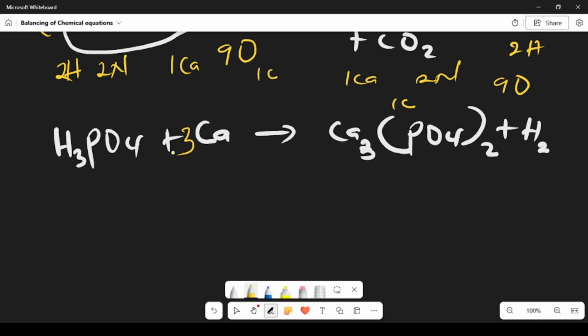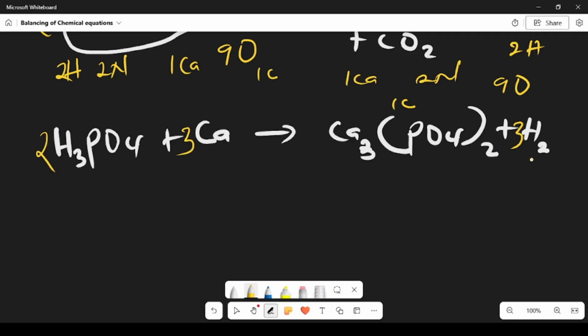I will add 3 here to make calcium 3 and calcium here 3. That's great. And the next thing to do is to balance the hydrogen. So if I add 2 here, that will make my hydrogen total 6 atoms, because 2 times 3 will give you 6 atoms. Then I will come here and add 3. 3 times 2 will give you 6. So I've balanced hydrogen.